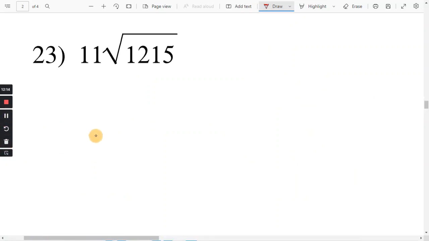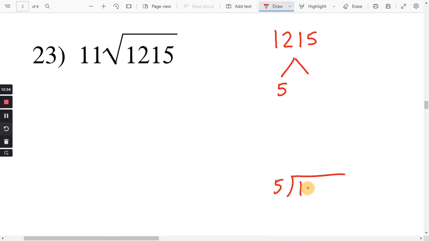All right, let's look at number 23. We have 1,215. Okay, that ends in a 5. So I know it's going to be divisible by 5. And really, I would just do this on the calculator. Okay. But I'll show you.